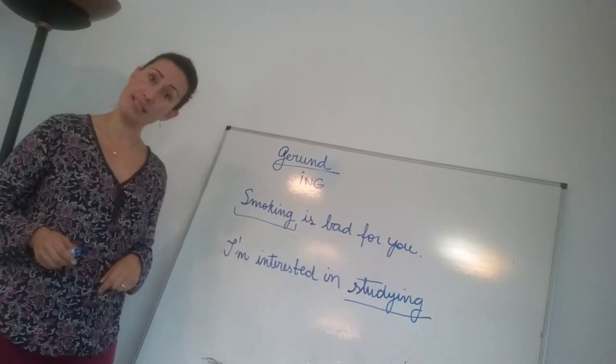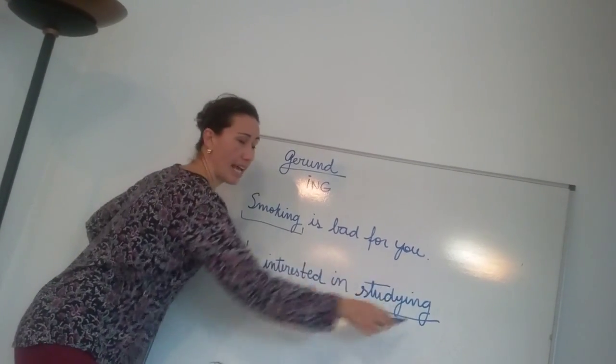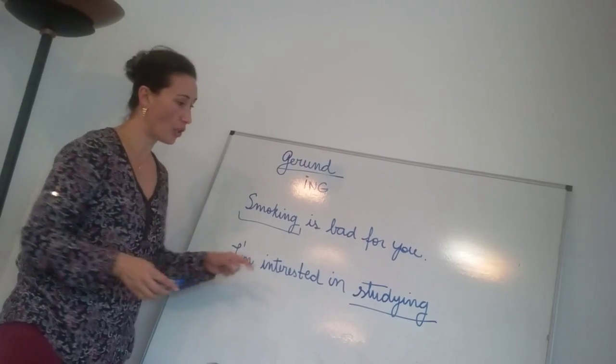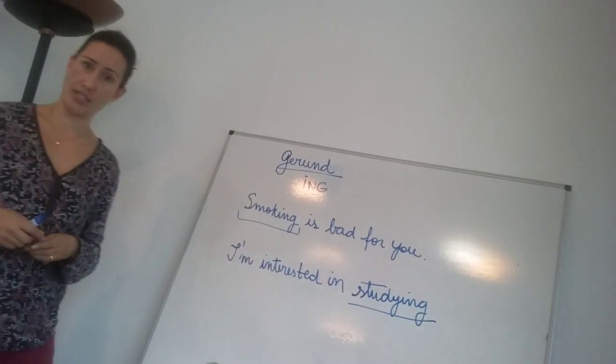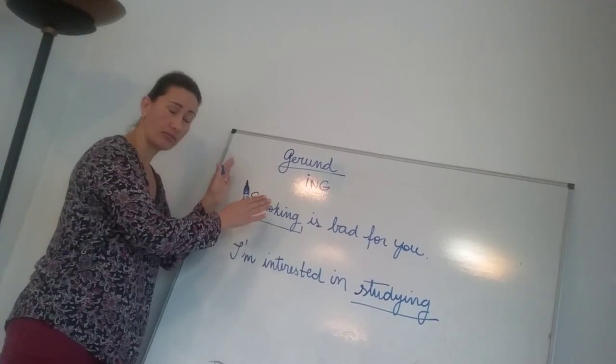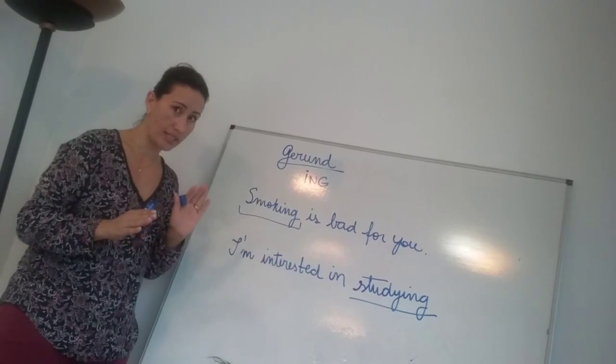I'm interested in studying. So here, is this action in progress? No, it's not in progress. So it doesn't have the continuous aspect. So here we can see that gerund is not associated with the continuous form of the verb at all.